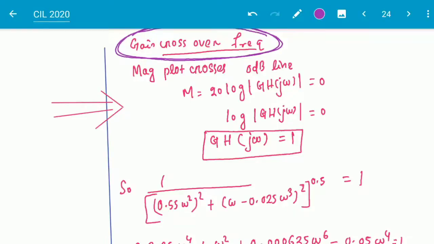Then we have to find out the magnitude of that open loop transfer function. Then 20 log |GH(j omega)| is equal to 0, log |GH(j omega)| is equal to 0, |GH(j omega)| is equal to 1. That means something to the power 0 is equal to 1. Here 10 to the power 0 is equal to 1.